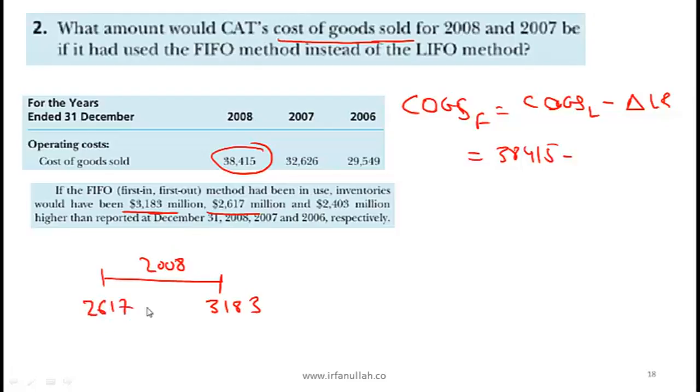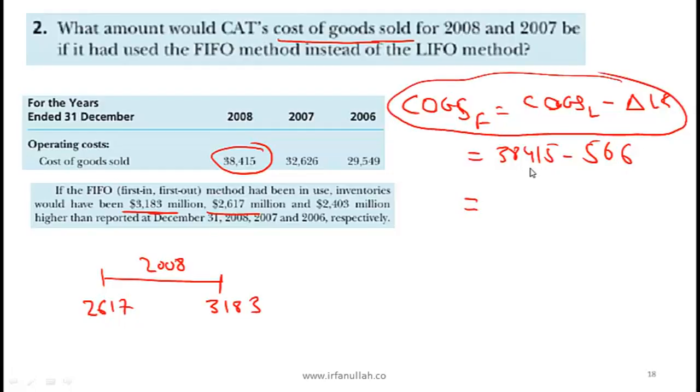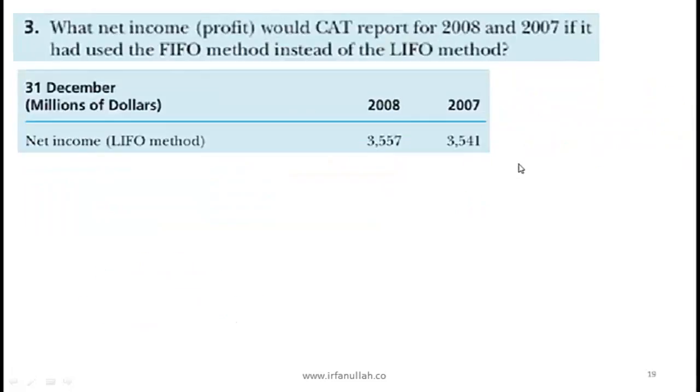What's their difference? 3183 minus 2617 is 566. Okay, so you minus 566, and that gives you your cost of goods sold under FIFO for 2008. So that's easy. Just need to make sure you memorize this formula.